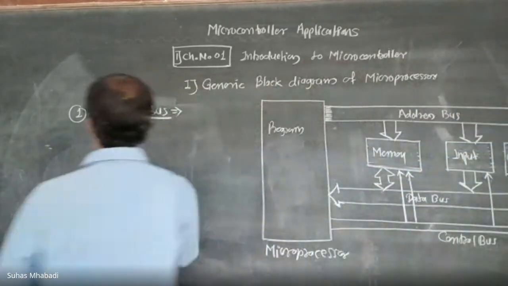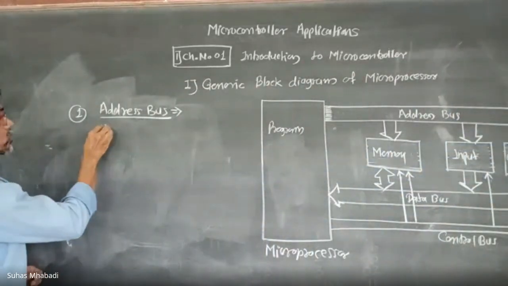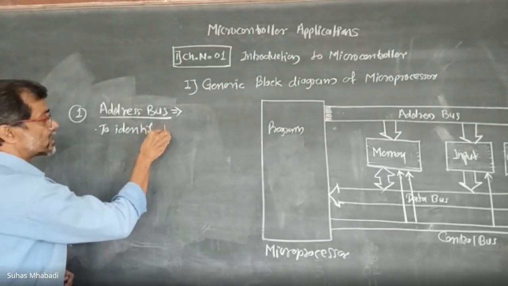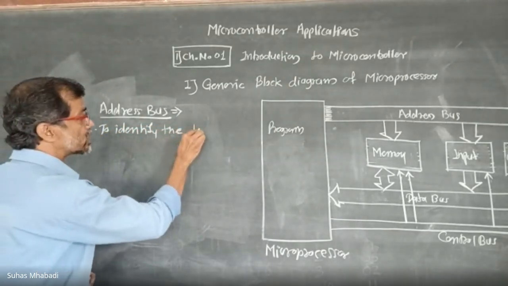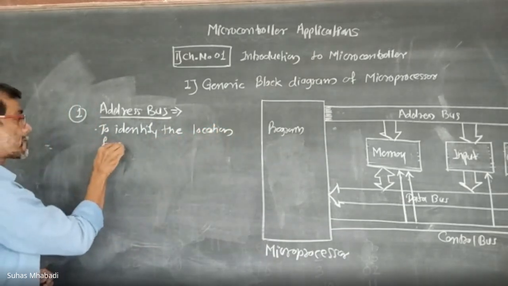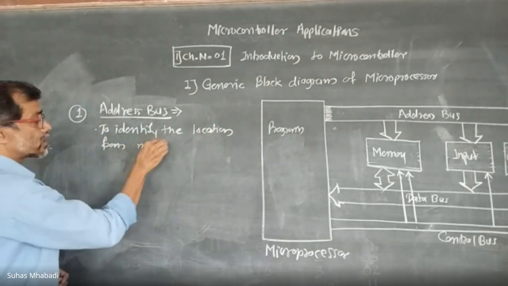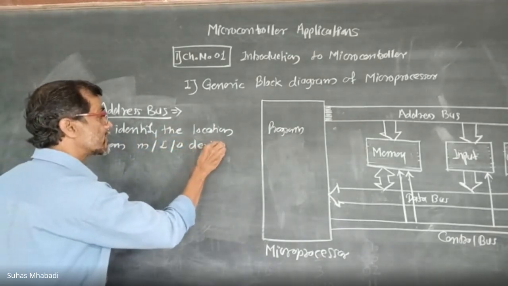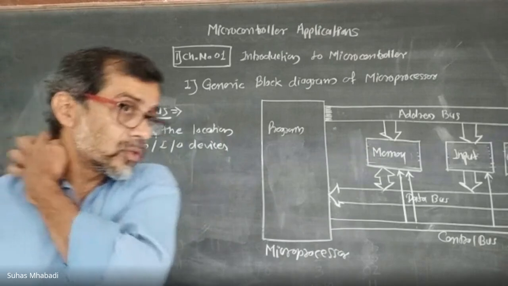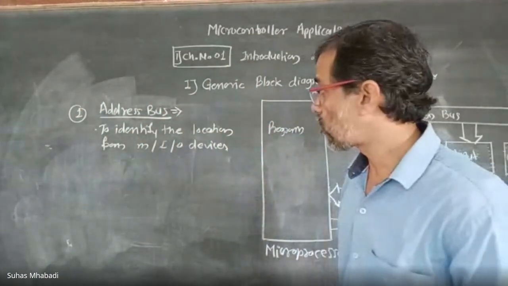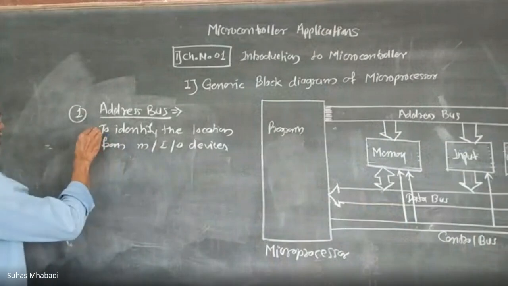So I write: this is to identify the location from memory, input or output devices to which we want to communicate at that point of time. So this is the first point.